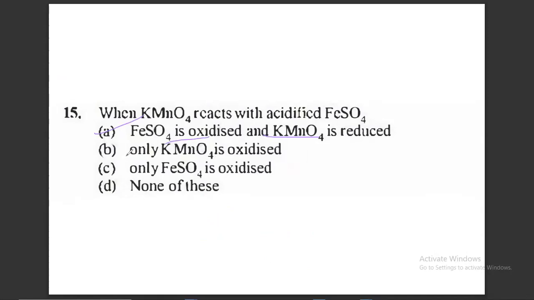So to understand this question, you need to write down the reaction. KMnO4 with sulfuric acid gives a salt, potassium sulfate, and manganese sulfate with water and nascent oxygen.